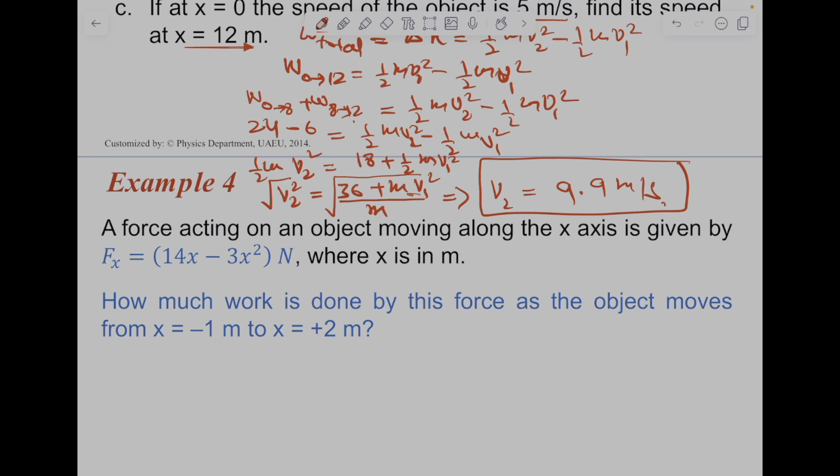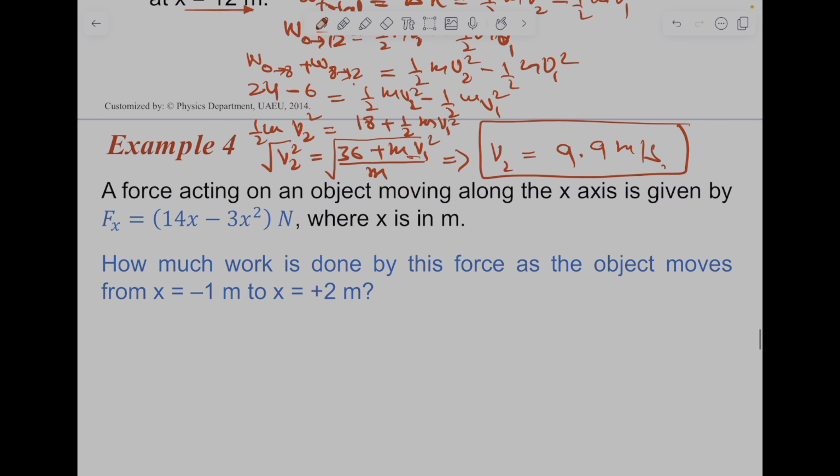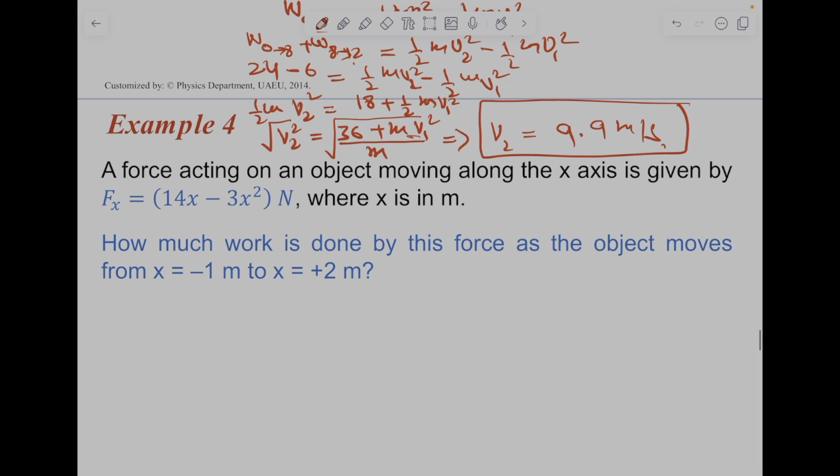Now the next example is given by a force acting on the object. Our next example is this: you are given a force function and you need to calculate the work done from x = -1 to x = 2. So the work done by the force is the integral from x1 to x2 of the force times dx.